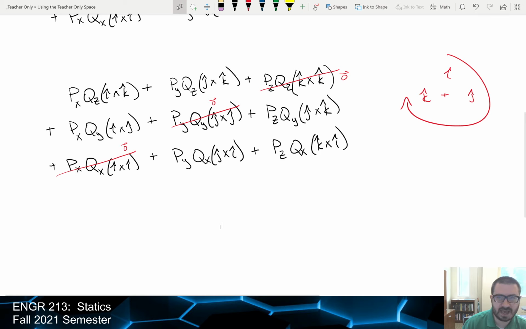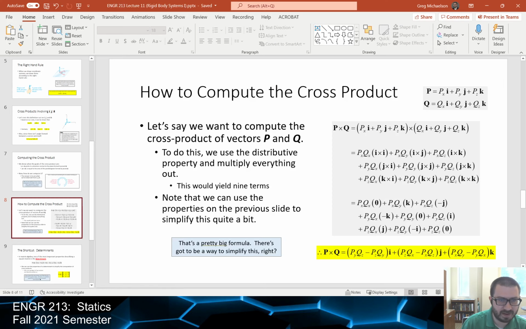I cross K. What is I cross K? We'll follow the moniker. I cross K means we're going that way, so that's negative. So this is going to be negative J. See what I'm doing there? And again, if you don't follow the moniker, you can just go back to the slides that we had found right here.